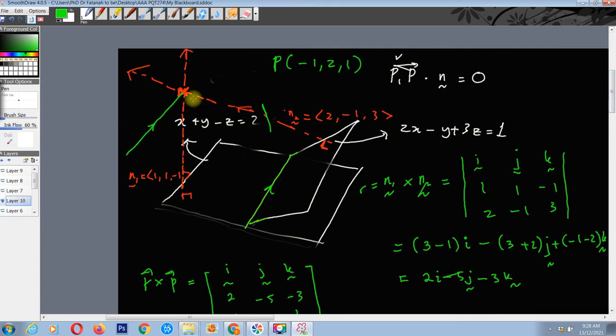If we get this, this plane is perpendicular to each plane.